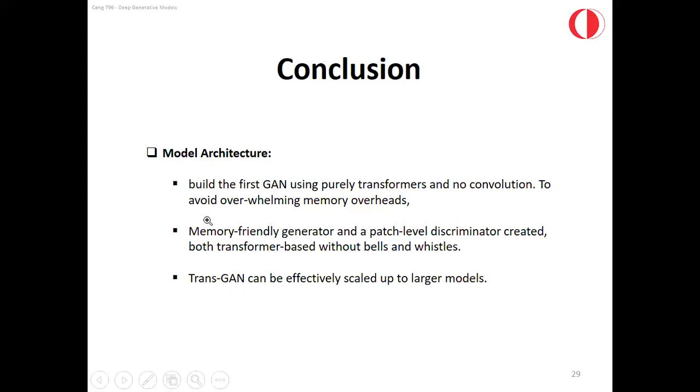And it is also a memory-friendly generator. That's the advantage of the transformers over the CNNs. Also, TransGAN can be effectively scaled up to larger models. This is another advantage.